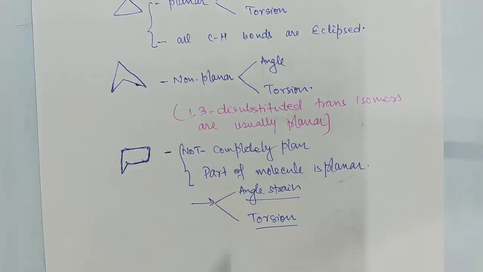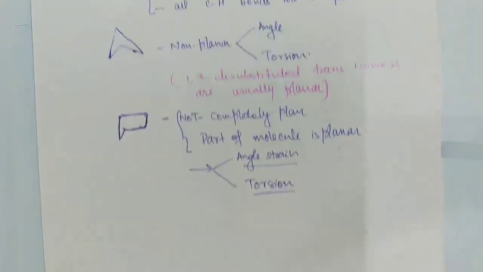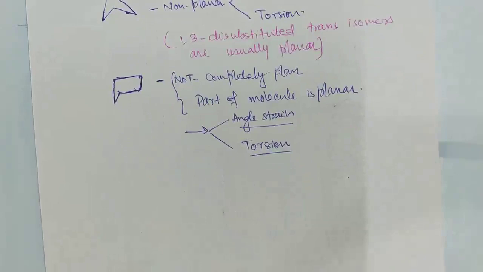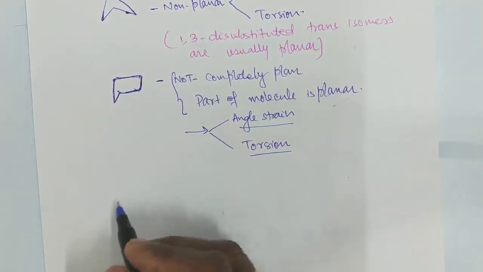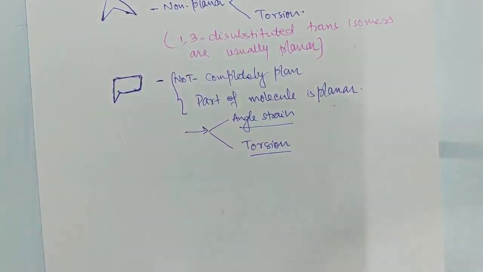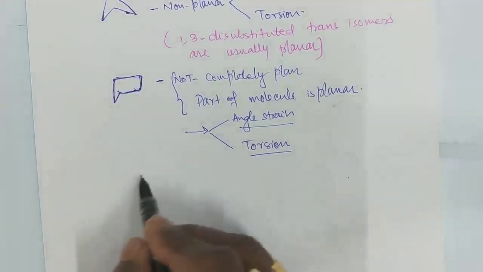Now come to the most important cyclic structure, that is cyclohexane.